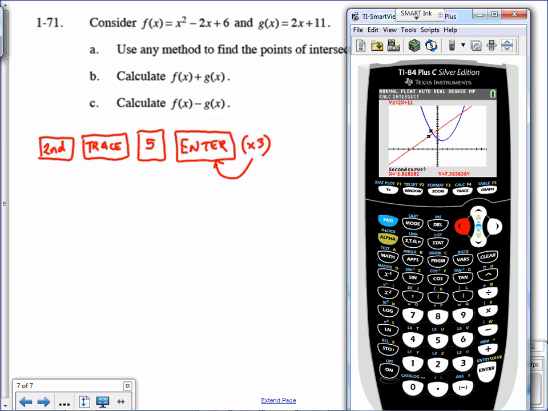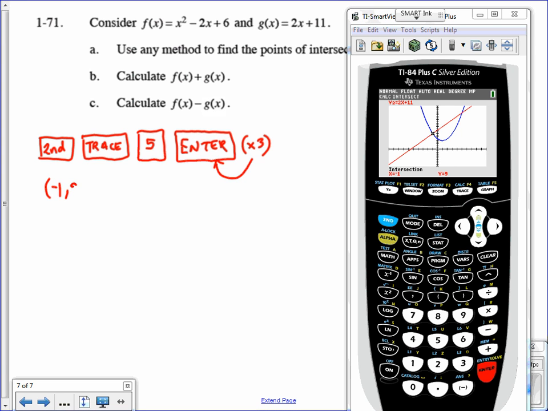Now my cursor's on the second function, and I want to make sure it's close to the intersection as well. Enter, and then it asks for a guess, but don't worry about that. If you hit enter one more time, it calculates the actual intersection point, which is the point -1, 9. So our first point of intersection is -1, 9.